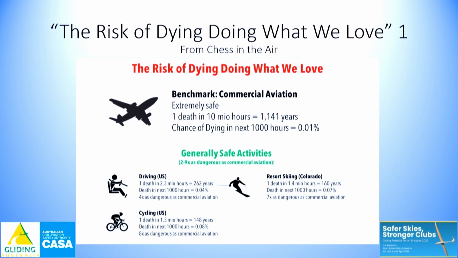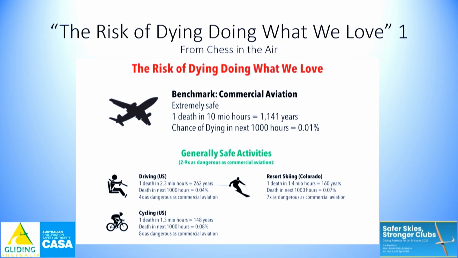There's a famous web resource online many of you have seen. It's called Chess in the Air. I highlight that there's a really good article in there called The Risk of Dying Doing What We Love, and it's looking at accident rates for various activities compared to a benchmark in commercial aviation, which is 1 death in 10 million operating hours, chance of dying 0.01% in the next 1,000 hours.